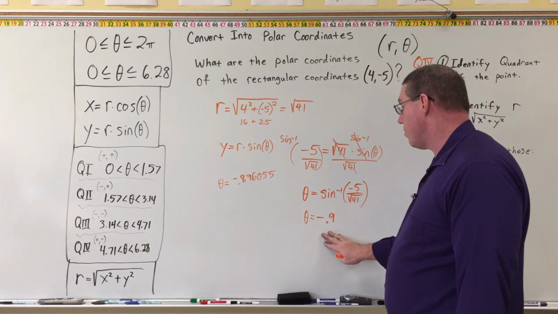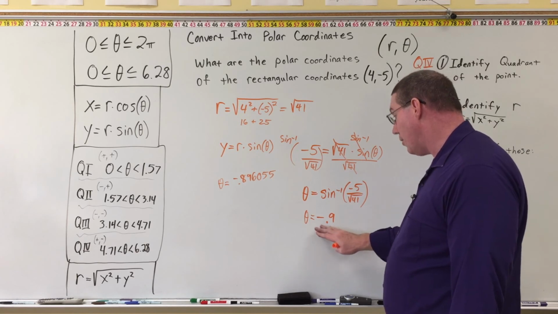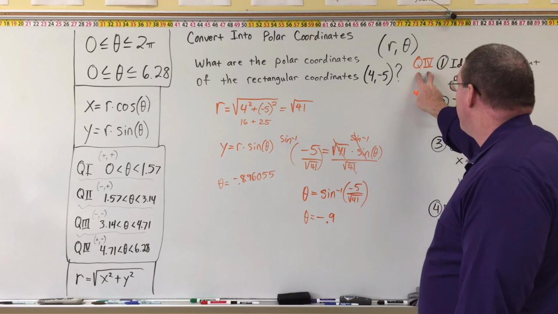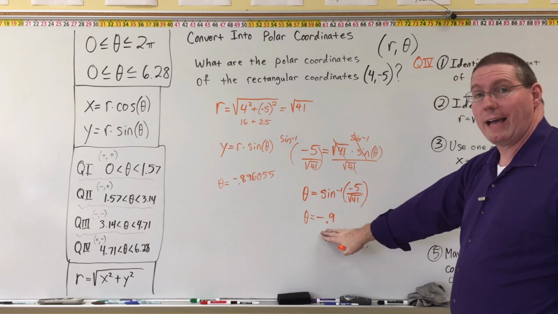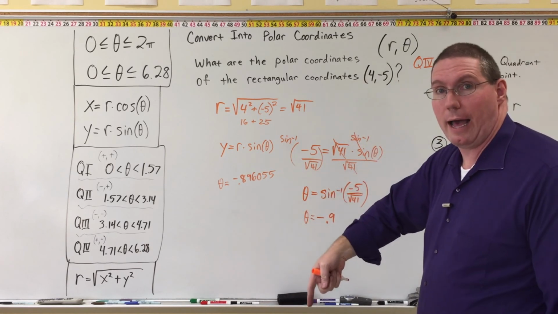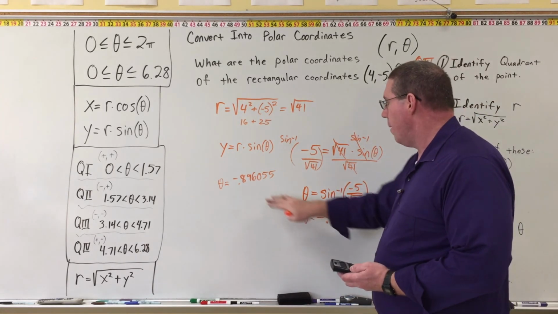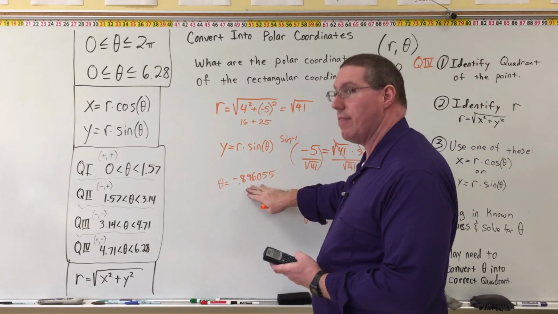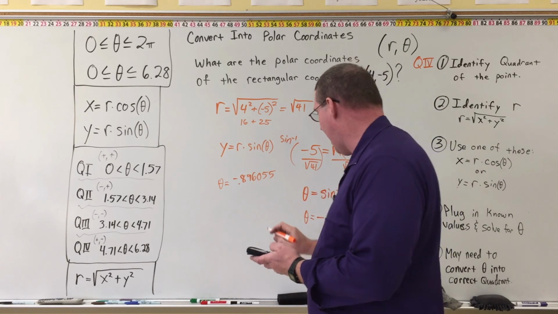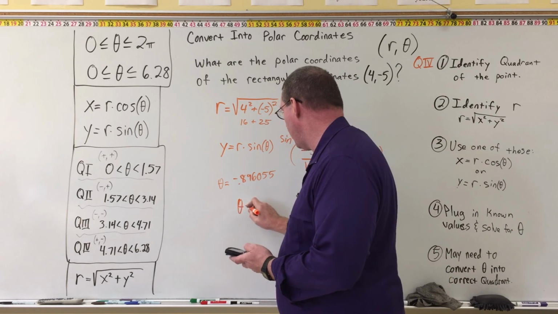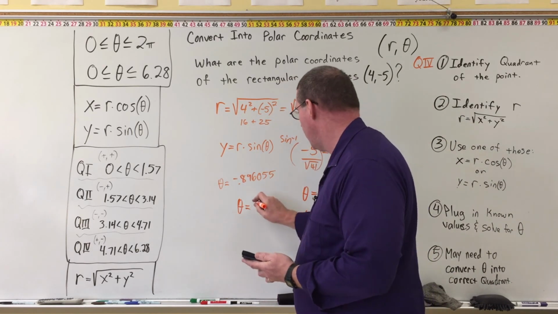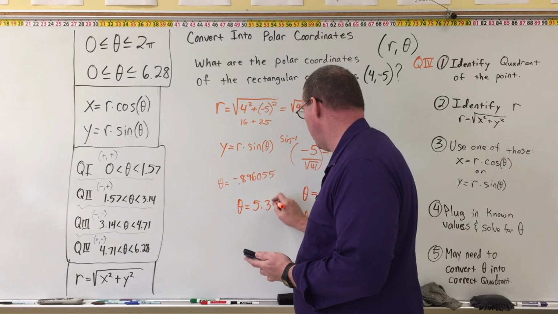So what I need to do is, now I know that this negative 0.9 is in the fourth quadrant, but it's a coterminal angle. So to find the one that's between 0 and 2 pi, I'm going to add 2 pi to go back around the circle, and then round. So I'm going to add 2 pi to this, and now what I get is theta is equal to 5.39.